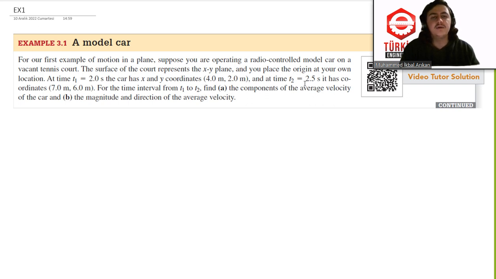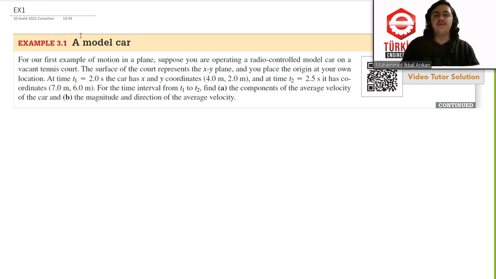And at time t sub 2, that means the final time, this time is 2.5 seconds. It has coordinates of 7 meters and 6 meters. For the time interval from t1 to t sub 2, find the components of the average velocity of the car and the magnitude and direction of the average velocity.